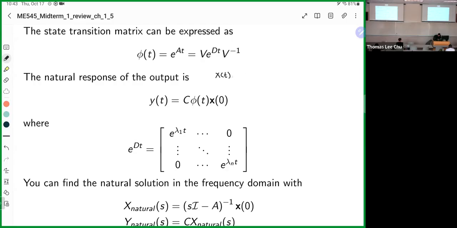So the total solution is going to be equal to phi of t times x naught plus that integral term here. And basically we just took this x total, multiplied it by C to get the output equation. So then this is subbed into this here, and it's multiplied by C.